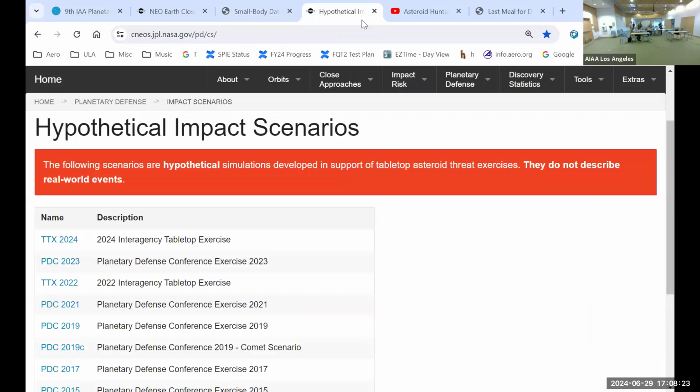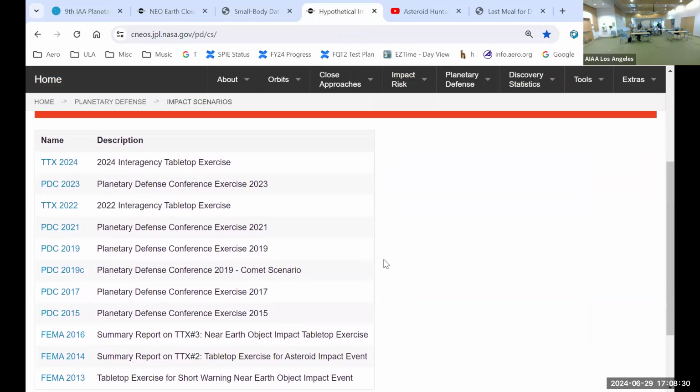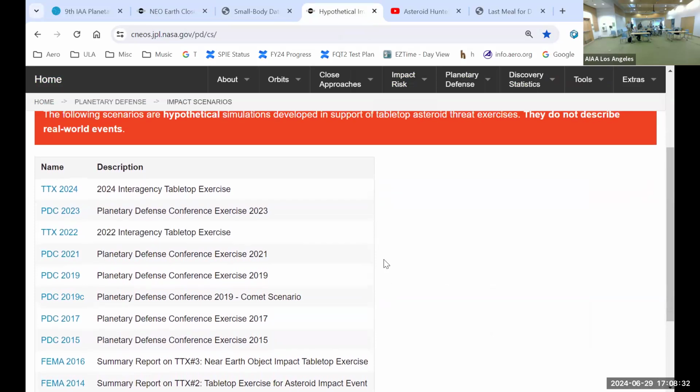And so, as you can see here, starting from, I think, 2013, there were a good amount of exercises from conferences and tabletop exercises where usually JPL experts invent a hypothetical asteroid that is designed to impact with the Earth, put it on a different type of orbit. Each orbit presents a different challenge, and they take into account the telescopes that would have detected it, and when is the object observable, when it is not observable.